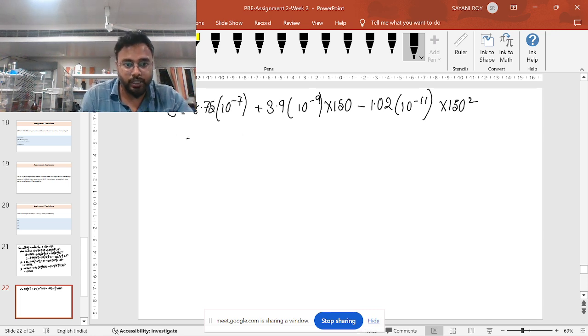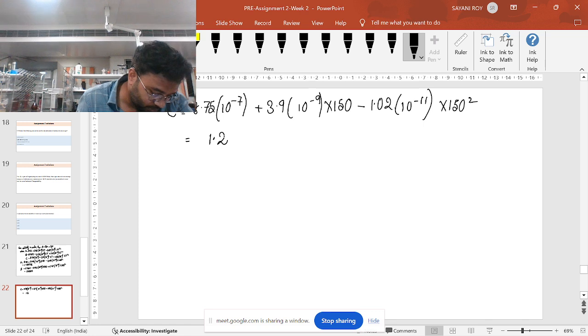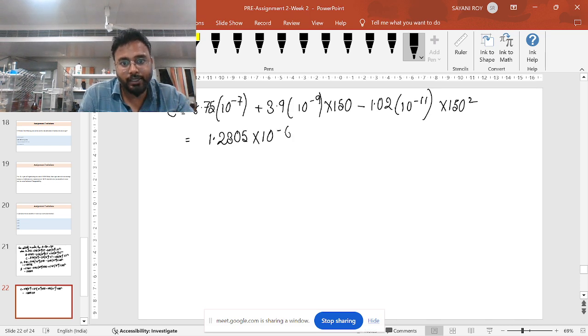If you solve this, the answer should come out as 1.2305 into 10 to the power minus 6.